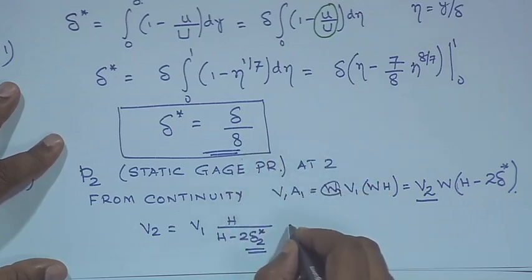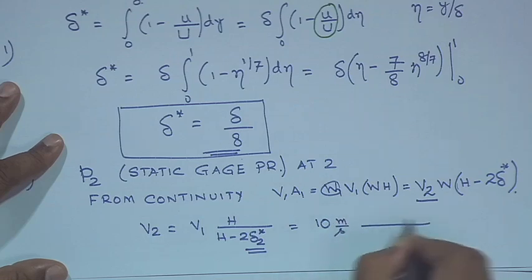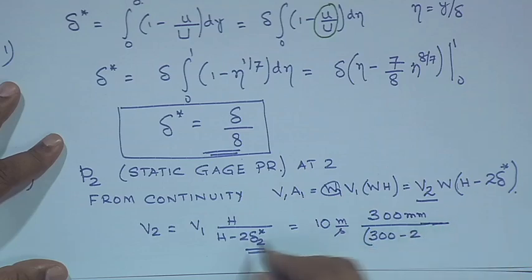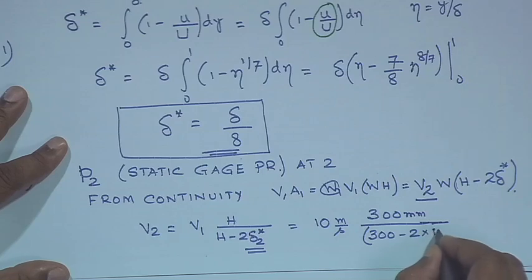So, this V1 would simply be 10 meter per second, and the h is 300 millimeters, 300 minus 2 delta 2 star by 8. So, this is delta star by 8, this is delta by 8. Delta at this location is provided to be equal to 100 millimeters.